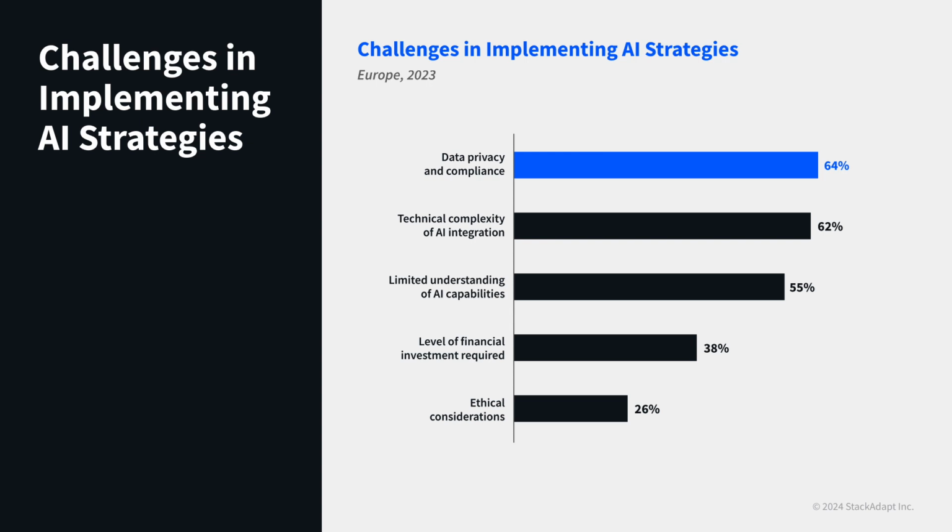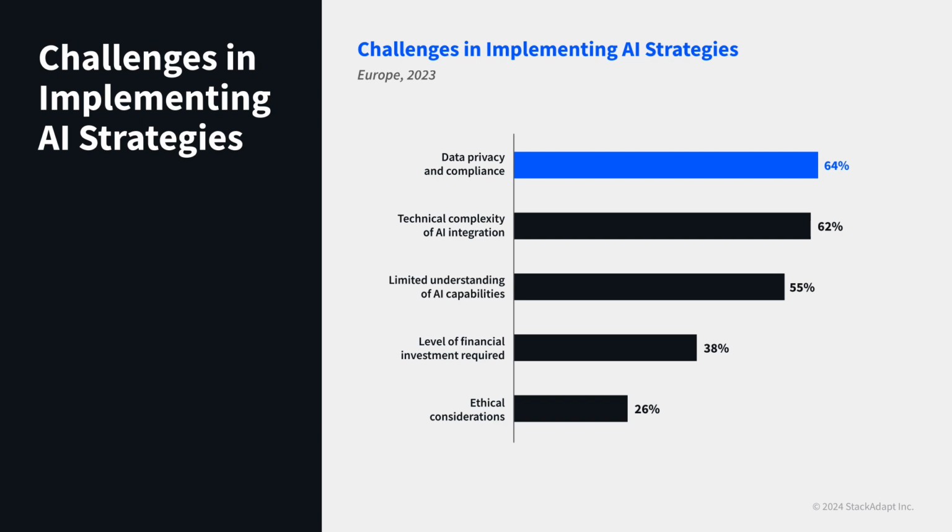Of course, there are challenges to it. It's not all positives, but from those marketers that were surveyed, the main kind of concern was data privacy and compliance when it came to implementing AI technologies. Very closely followed by concerns around the complexity of that integration, perhaps like the time involved to get that done and the workforce that would need to go into doing that.